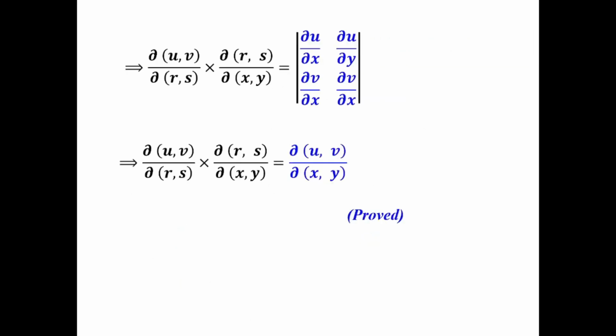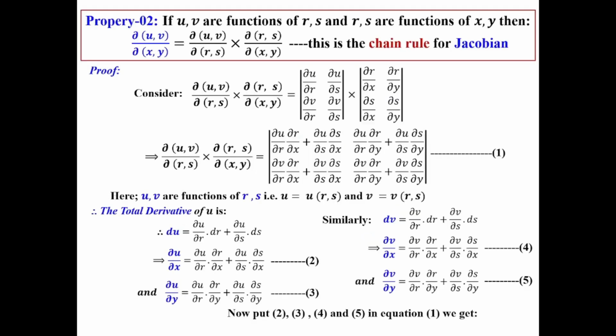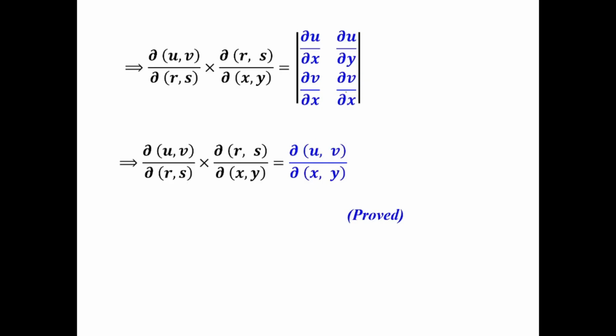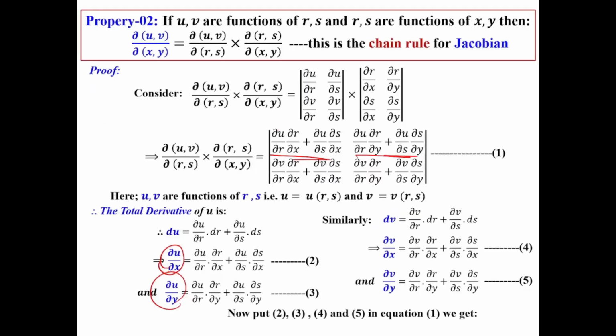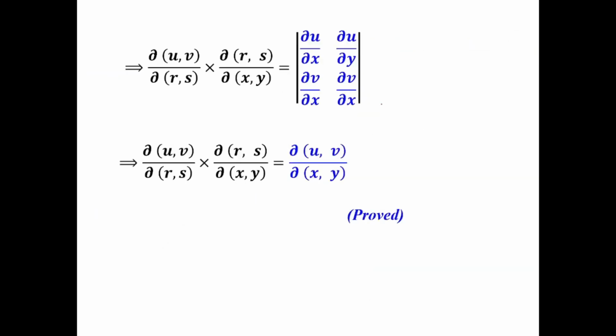So what we can get: instead of this term we get del u by del x, instead of this term del u by del y. Here I wrote del u by del x, del u by del y, and instead of this term we have to substitute del v by del x, and instead of this term del v by del y.